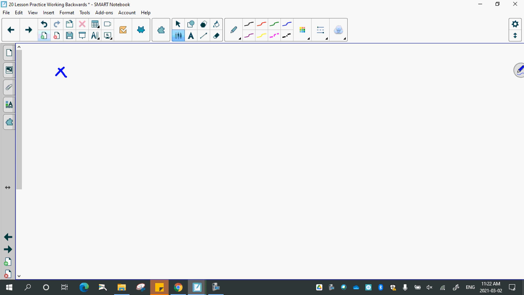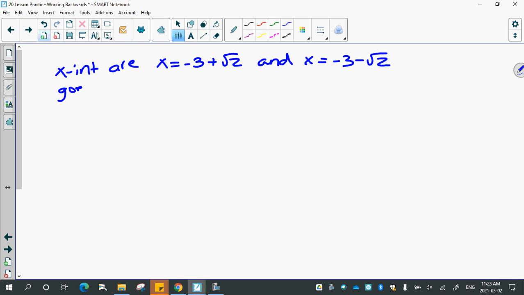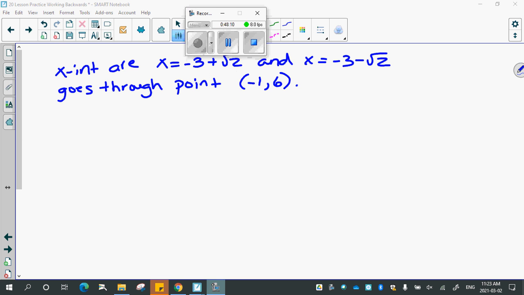The x-intercepts are x equals negative 3 plus root 2, and x equals negative 3 minus root 2, and it goes through the point negative 1, 6, and you want to get the equation in standard form. Go through all the steps. Find a, put it back in, get the equation in.